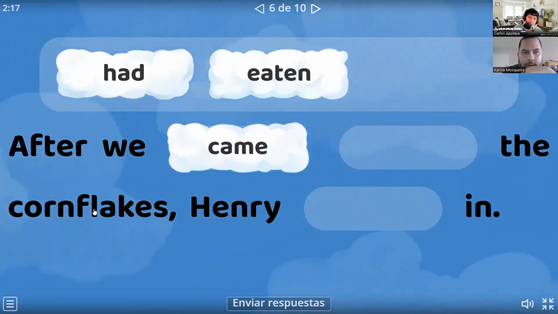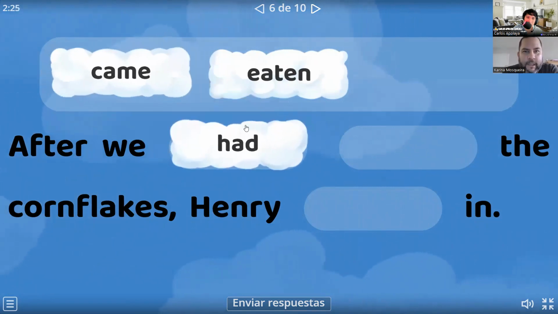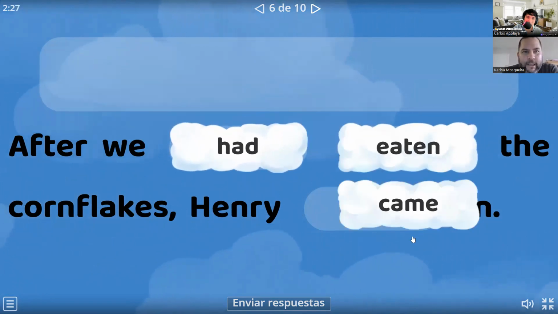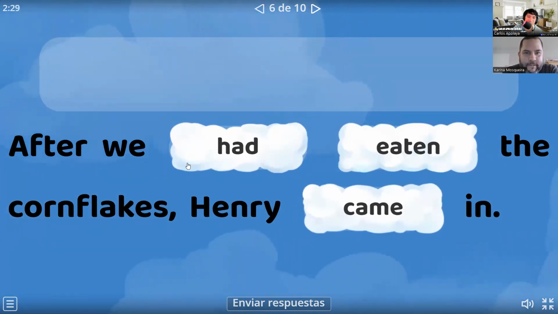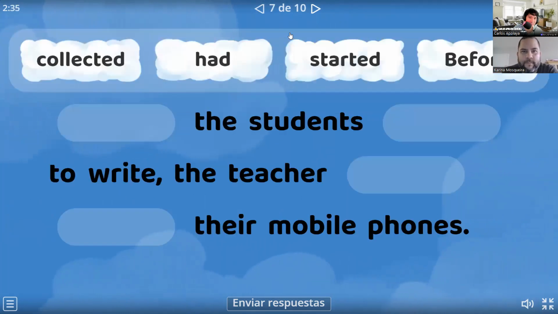Los cornflakes son esos cereales. Entonces, después de que vinimos, los cereales. Oh, after we had eaten, Henry came. Te das cuenta que primero comieron y luego Henry vino. Y como pasó esta primero que la otra, lo uso en past perfect. A ver, nos quedan 3.